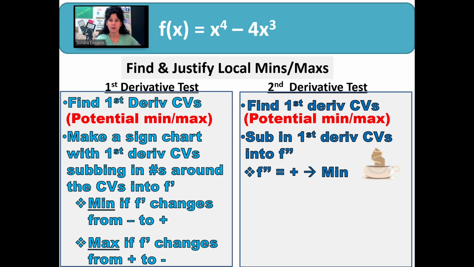So let's look at a picture. If we draw a parabola that is concave up, think of it as cup up. If we have a positive second derivative answer, we're on a concave up, so we have a local minimum. Now, opposite of that, if f double prime has an answer that is negative, then that first derivative critical value ends up being a maximum.